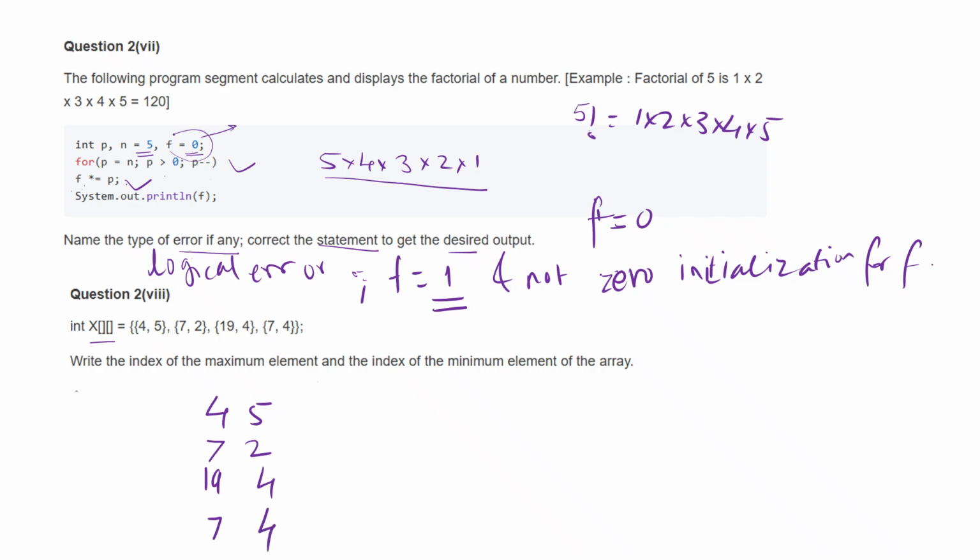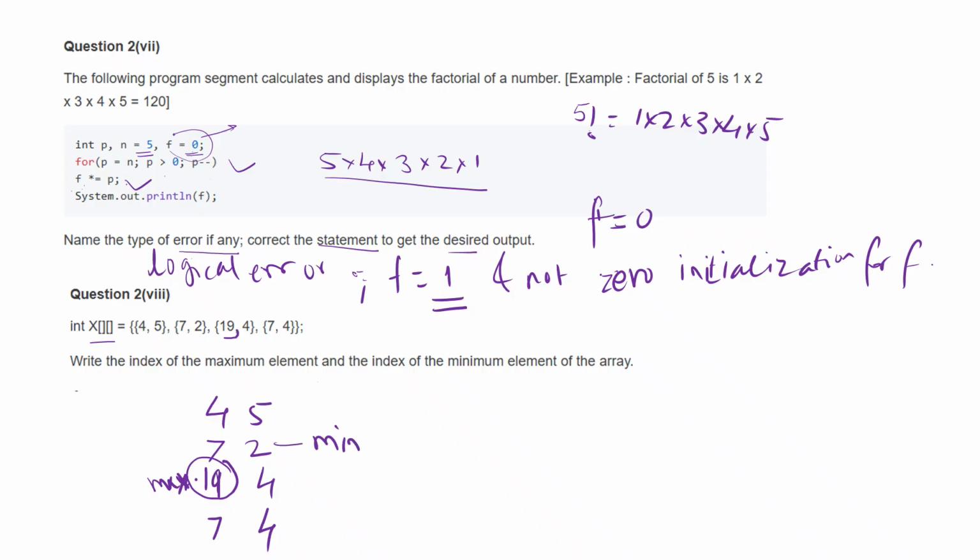I have written this array in a different way, just to make you understand. Now what is the maximum element? The maximum element is 19, and this is your minimum element.